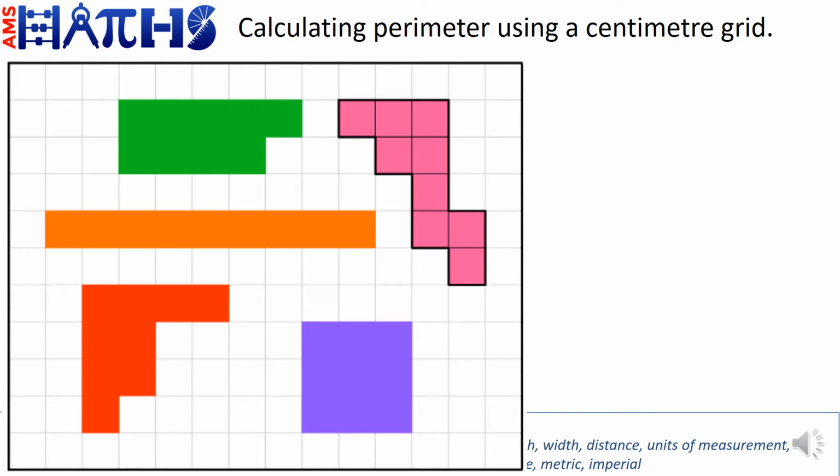Our first task is to calculate the perimeter of shapes using a centimeter grid. Now, what do I mean by centimeter grid? A centimeter grid is one where we have small squares that make the grid, where the length of each side on the square measures 1 centimeter.